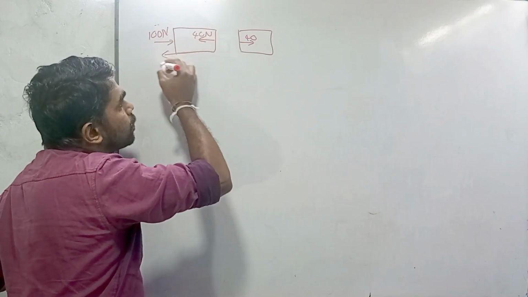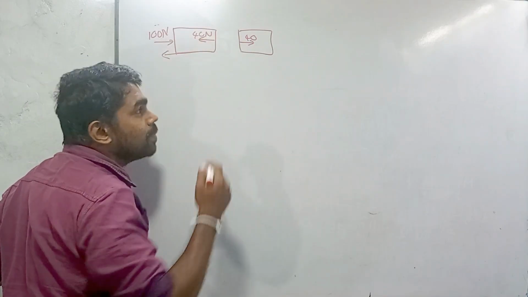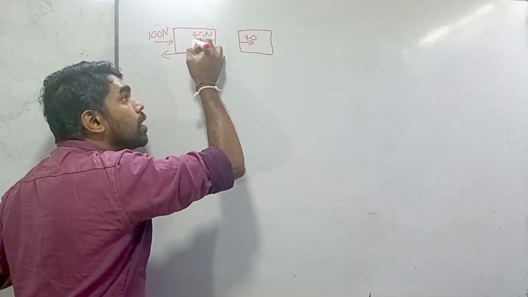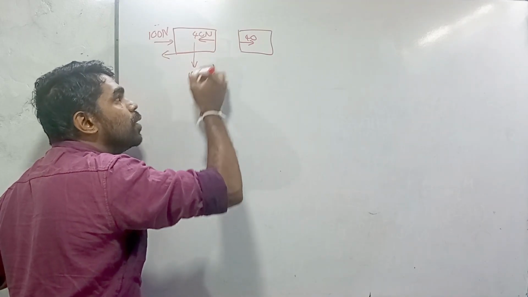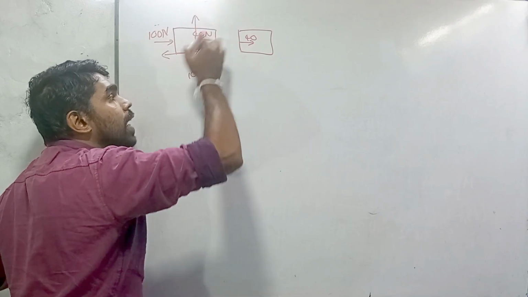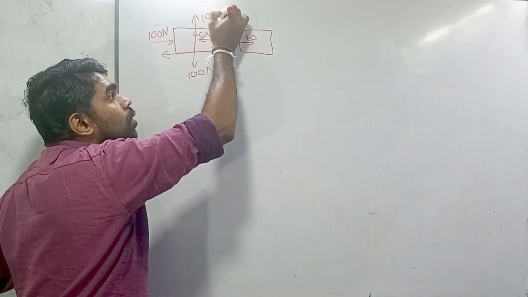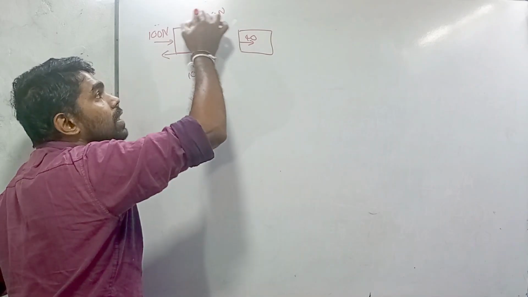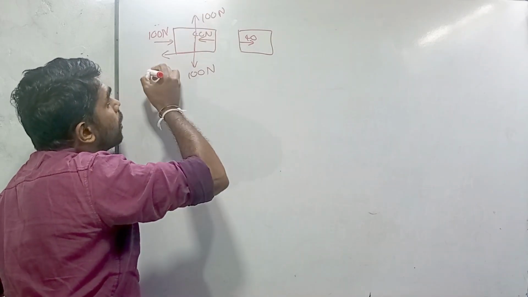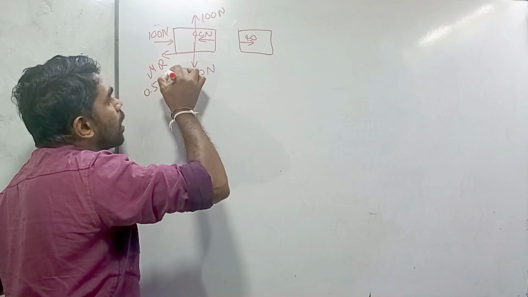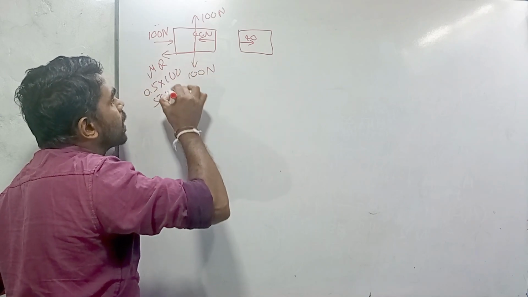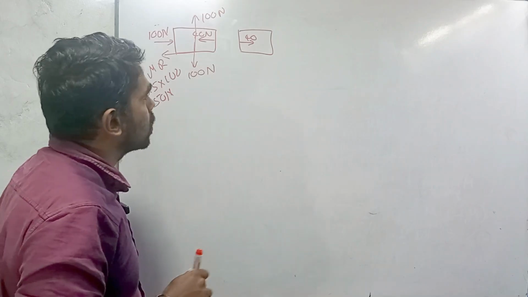Therefore, this friction is 0.5 times the reaction. The reaction is equal to the weight of the object. The weight is 100 newtons because it is 10 kilograms, so the reaction is also 100 newtons. Then F equals mu R: 0.5 times 100, so the frictional force is 50 Newton.